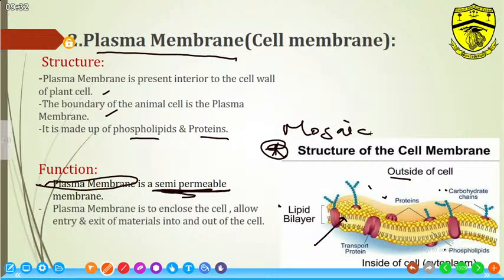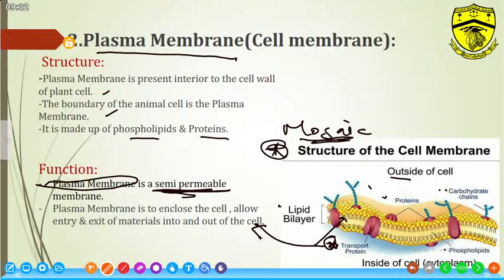So Singer and Nicolson said about this fluid mosaic structure of cell membrane. And in here, the plasma membrane is to enclose the cell, allow entry or exit of material into and out of the cell. The transport protein also helps for it.